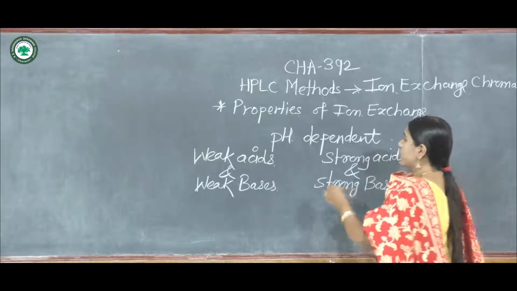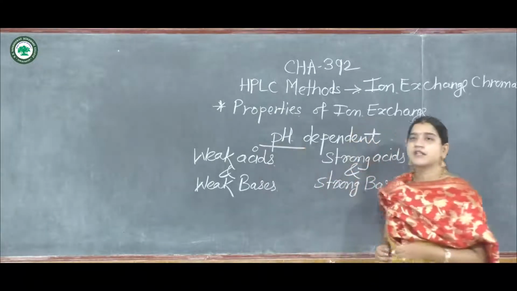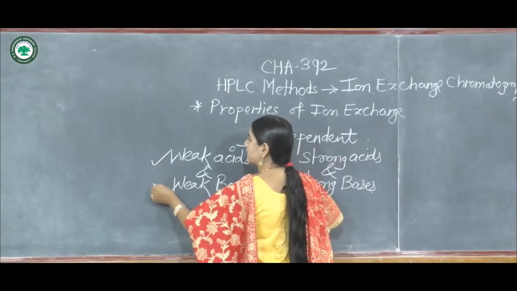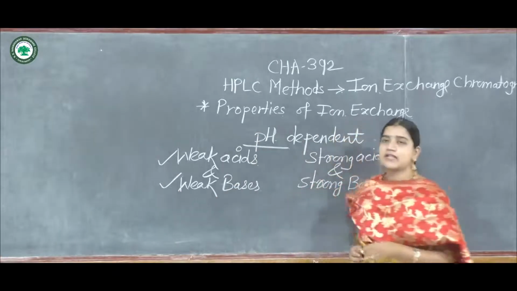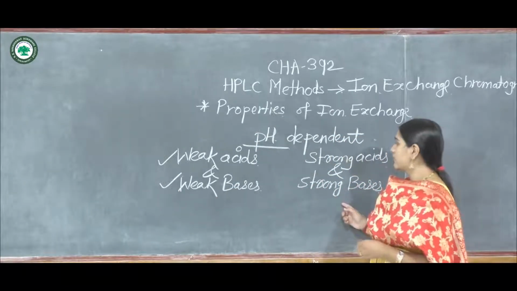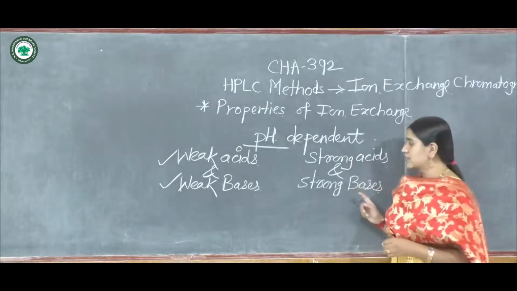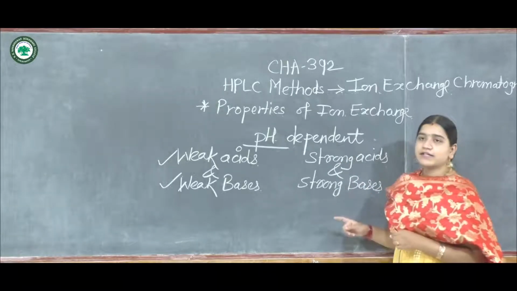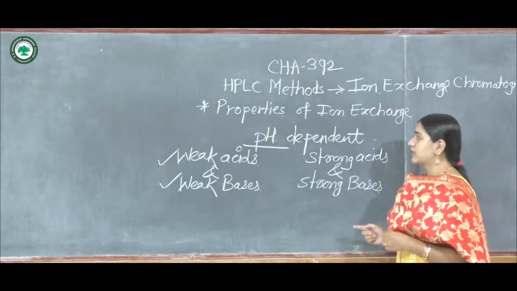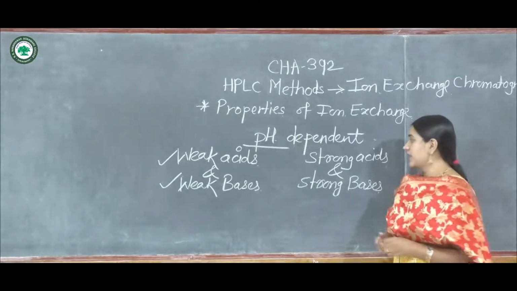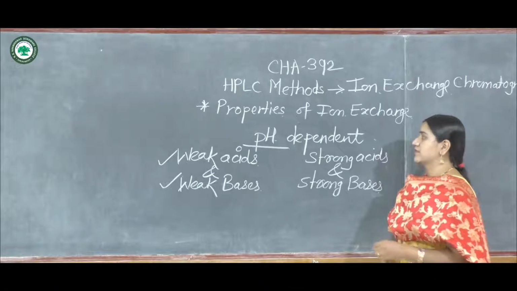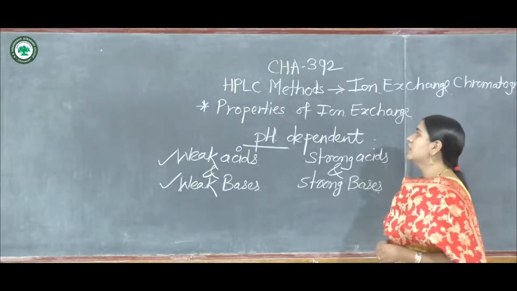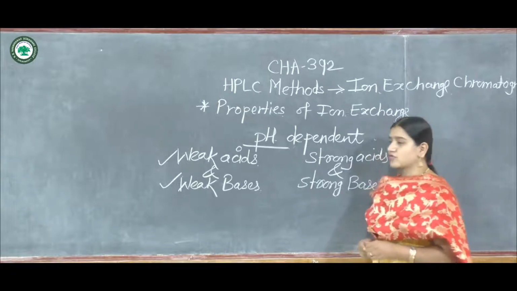But as the properties of the ion exchanger are pH dependent, you can analyze the weak acids and weak bases by using ion exchange chromatography. But when you go for the strong acids and strong bases, they will directly interact with your ion exchange material, and so you cannot properly analyze them. So analysis of weak acids and weak bases is possible by using ion exchange chromatography.